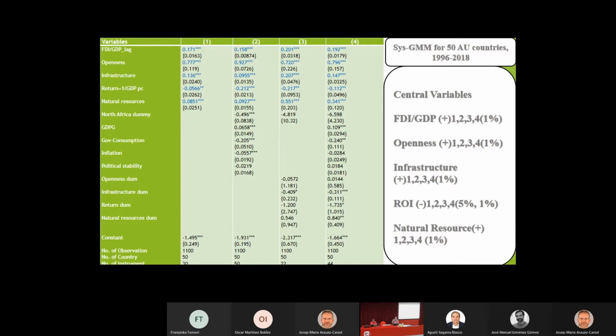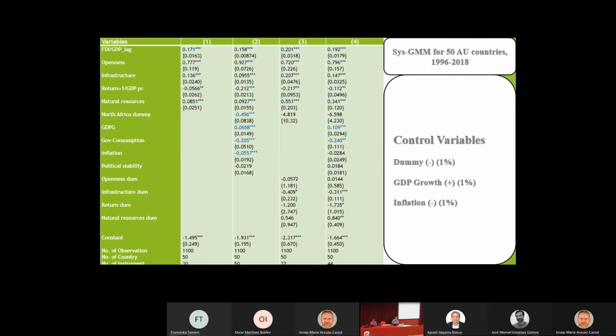Openness also has a positive sign, statistically significant in the four columns at 1%. Infrastructure is also significant at 1%. Return on investment is negative in four columns, at 5% and 1%. Natural resources are also positive and significant in four columns.